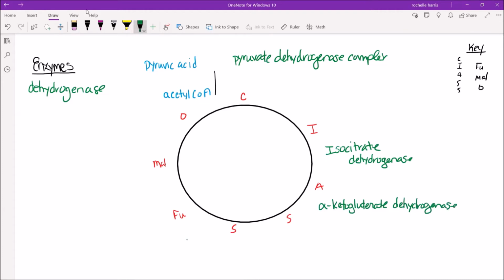Our next one is succinate dehydrogenase. And there is one more, malate dehydrogenase, and that's here.